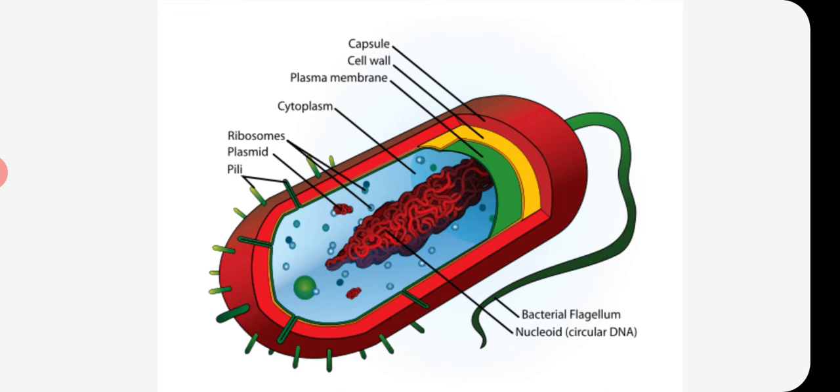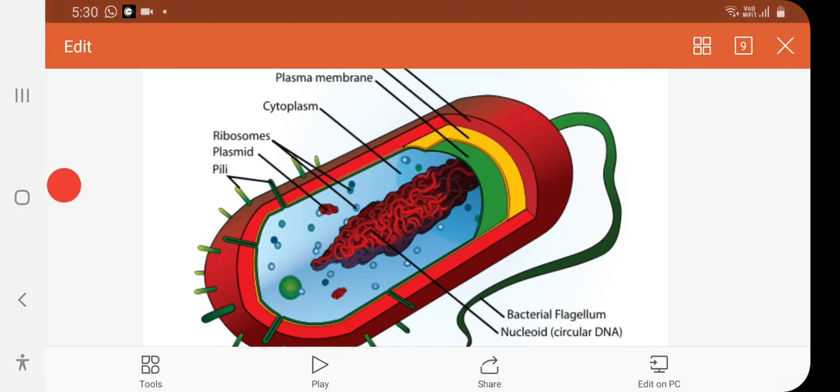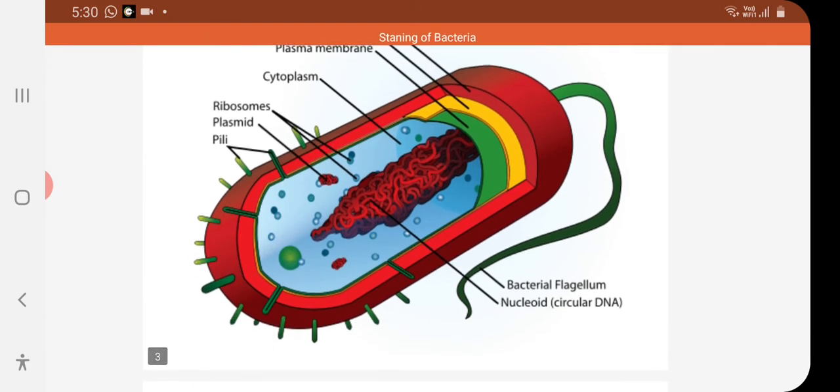These ribosomes together appear as polysomes. A number of ribosomes aggregate to form a polysome-like structure. Except those organelles, all the cell organelles are present in the prokaryotic bacterial cell.